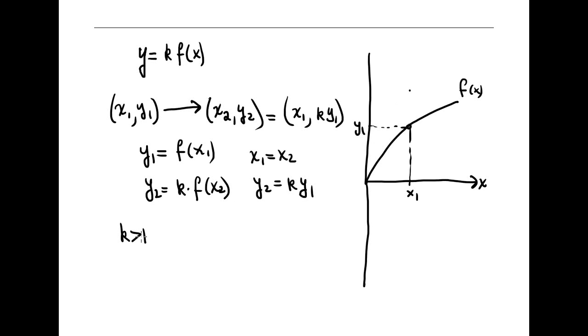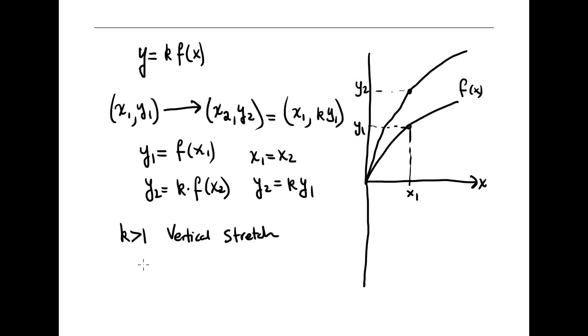So k is bigger than 1, like 2, 3, 4, 3.5. Now the second component y is increasing by the factor k, and the graph looks like that. And this is called vertical stretch, when k is greater than 1.